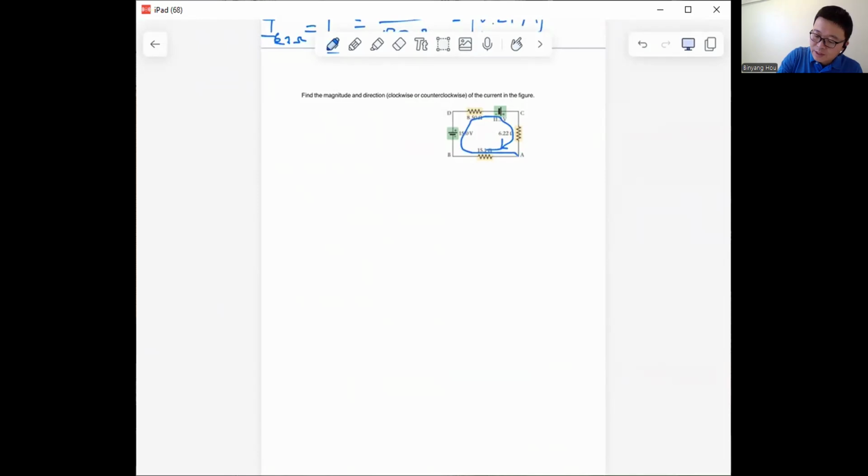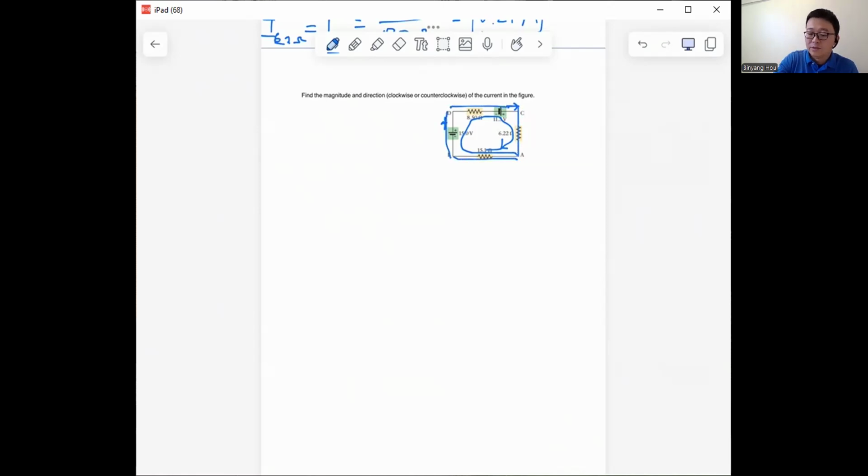So I'm going in this direction, all right. In this case, I can see because this is positive, current should be going out from here, and also this battery is going out from there. So looks like the current is going in that direction, also the same direction as my loop.